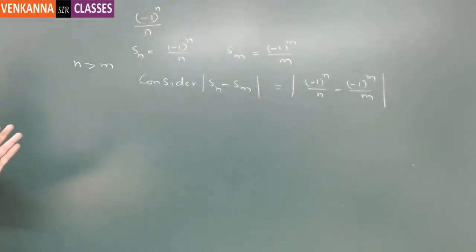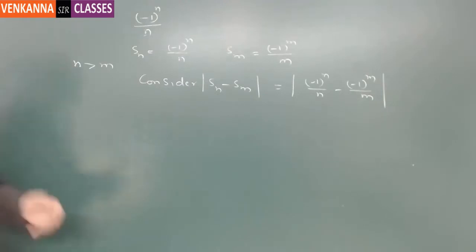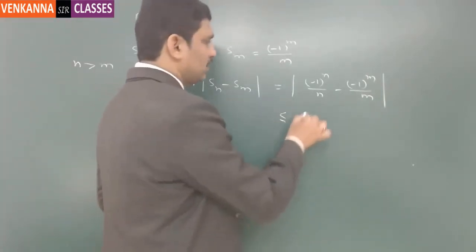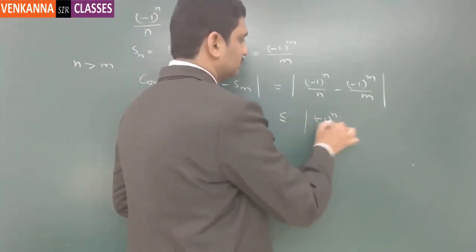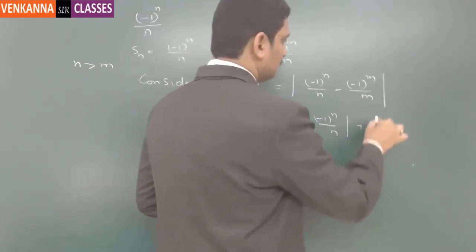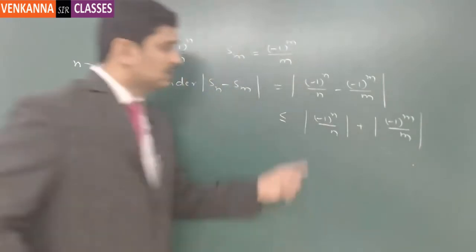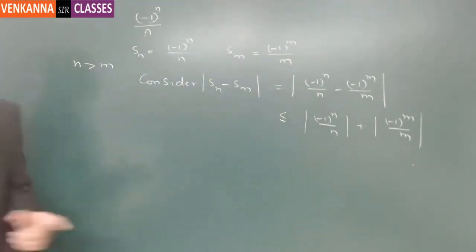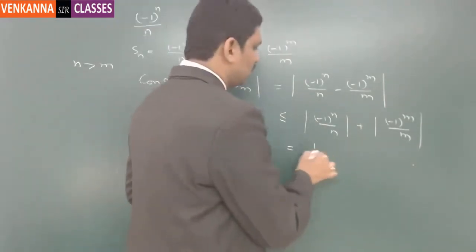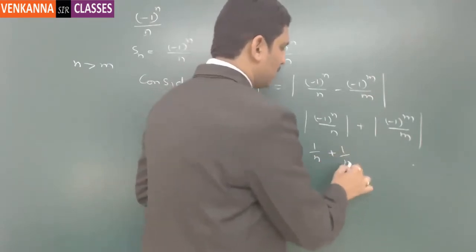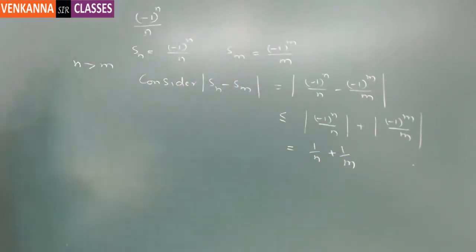Since we can separate the modulus, this is less than or equal to the sum of the moduli, and since modulus gives a positive value, this is equal to 1 by n plus 1 by m. Accepted?